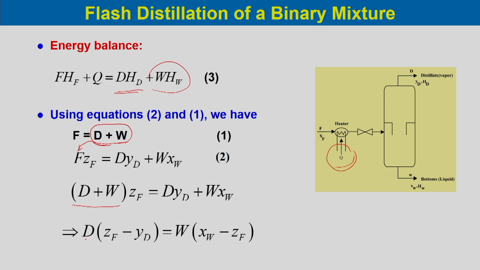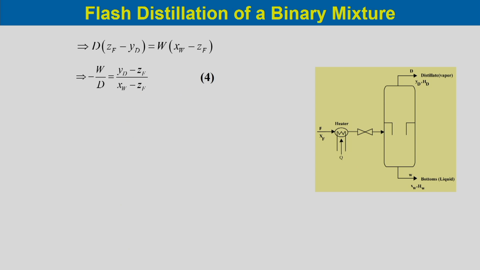From this we can write D into YD minus ZF would be equal to W into ZF minus XW, just multiplying ZF with these two terms and then doing the rearrangement. So, you will obtain this. Now, if we simplify it again from this equation, you will get minus W by D would be equal to YD minus ZF divided by XW minus ZF.